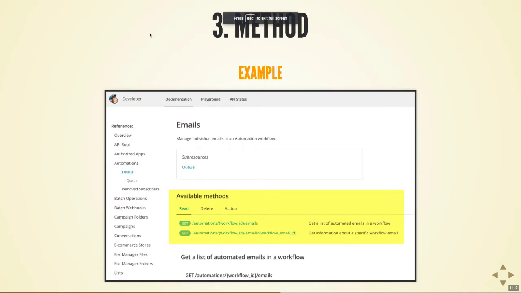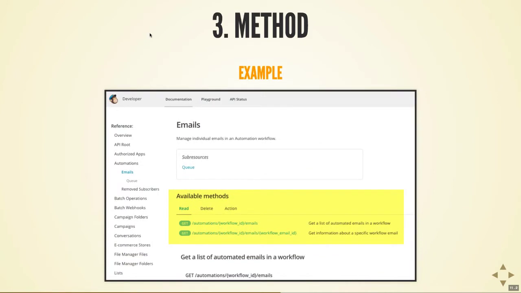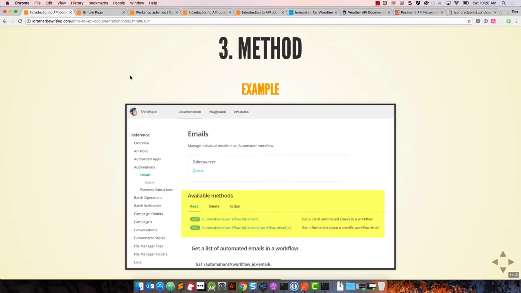So available methods here. Okay, where was I? Oh, okay, on the left you can see that they specify that these are GET methods. But actually, let's go to this for example for a minute here. I should have this linked, and I do not have this linked. Okay, fine.